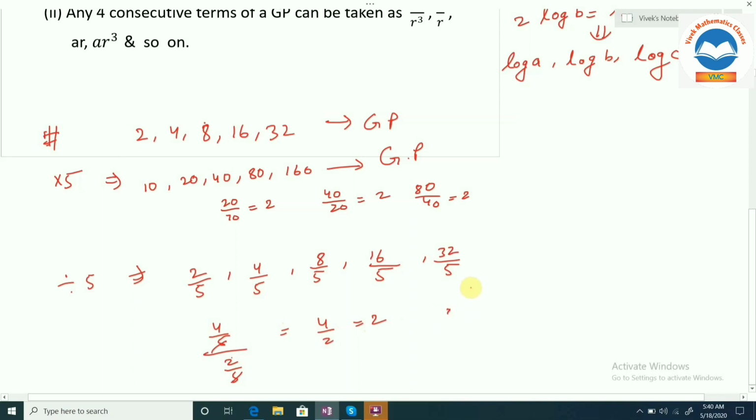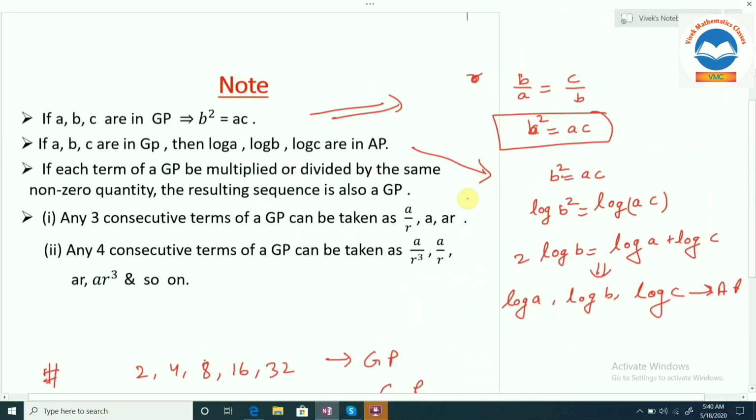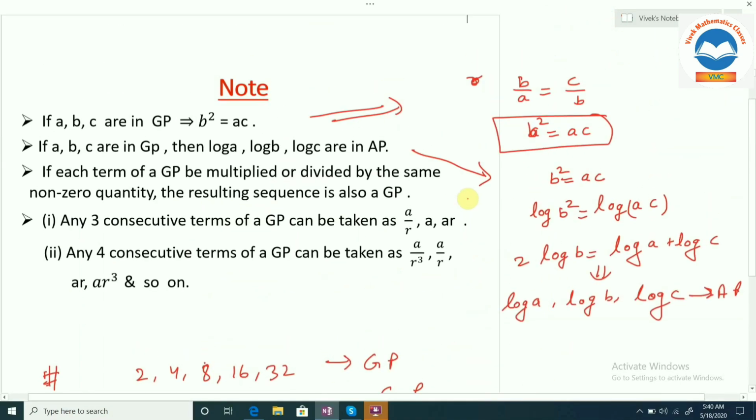What about T3 by T2? 8 by 5 divided by 4 by 5. Again 5 will cancel out, 8 divided by 4 will be 2. So we are getting the ratio of two consecutive terms equal to common ratio 2. So this will also be a GP. It means whenever a GP is given, if you multiply or divide each term of the GP by some non-zero number, the resulting sequence will also be a GP.